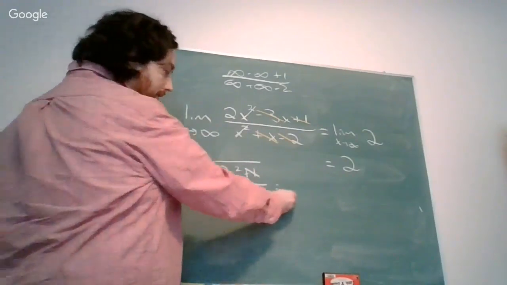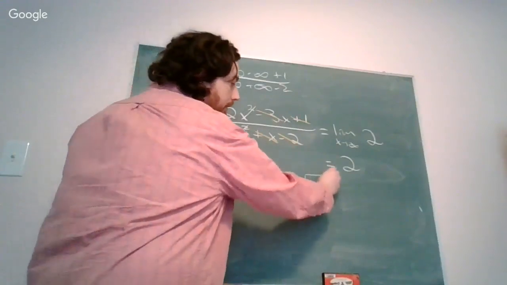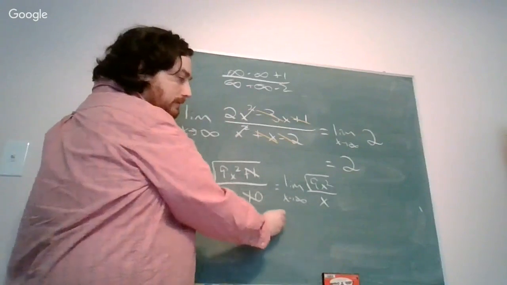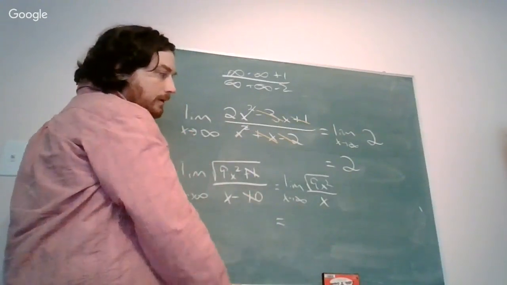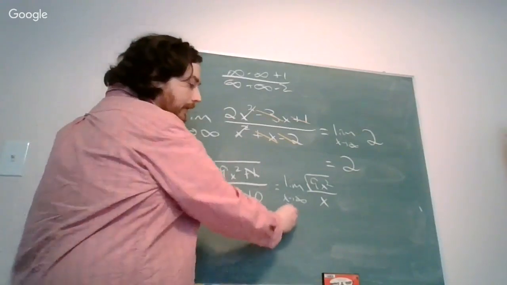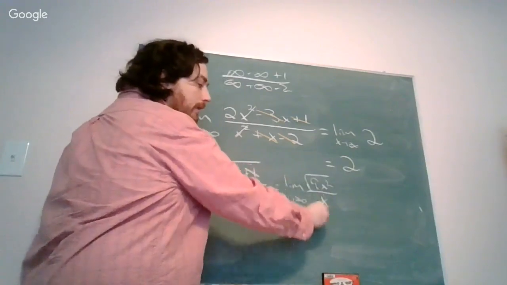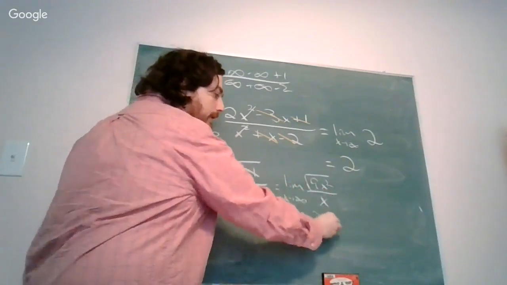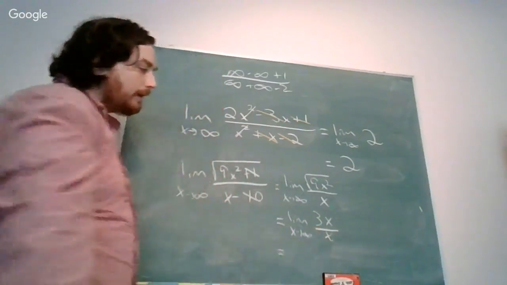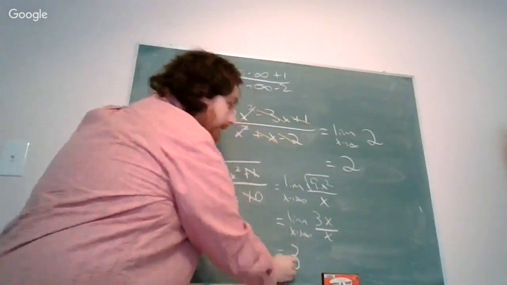The x dominates the 10, so I get the limit as x goes towards infinity of the square root of 9x squared over x. Now I could use L'Hopital's rule, because it is still infinity over infinity, but instead I'm going to simplify. The square root of 9 is 3, the square root of x squared is x, all over x. And now x over x will cancel as well. So we're just left with 3.